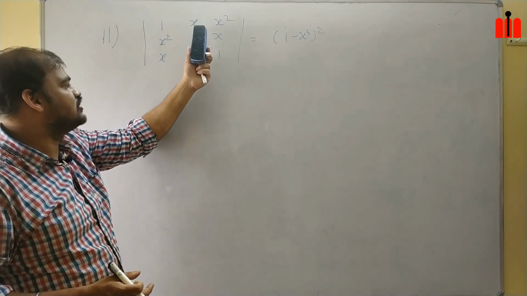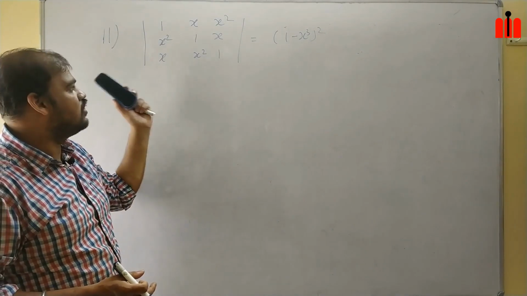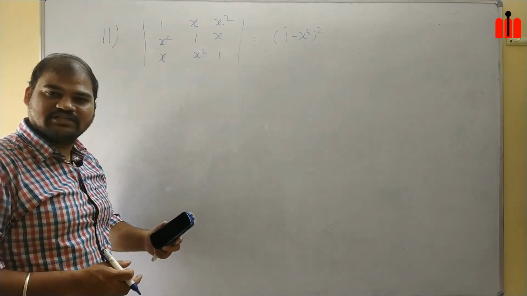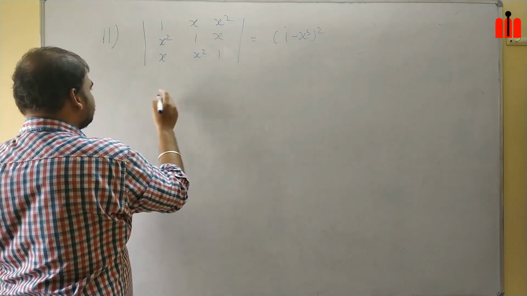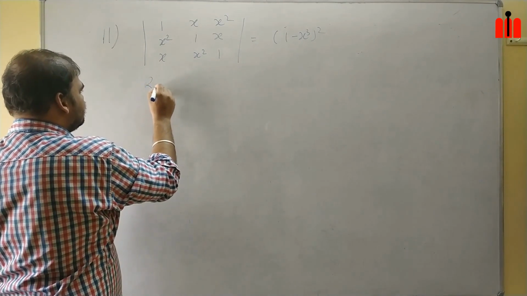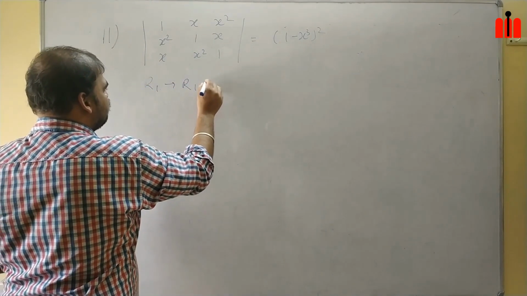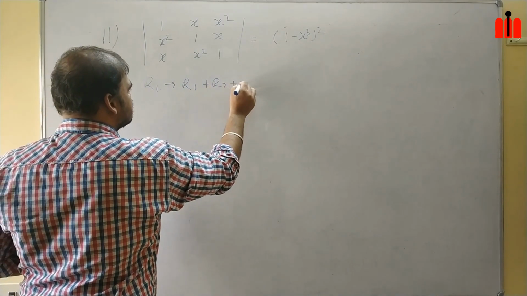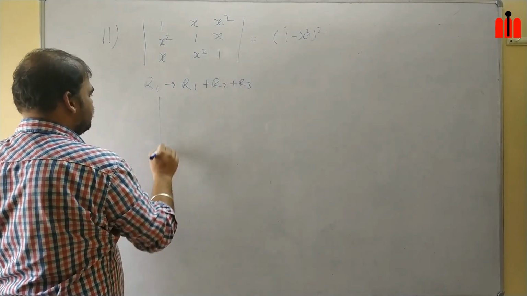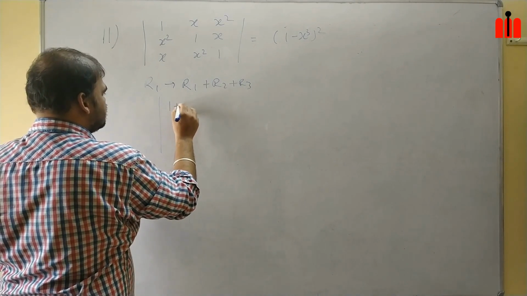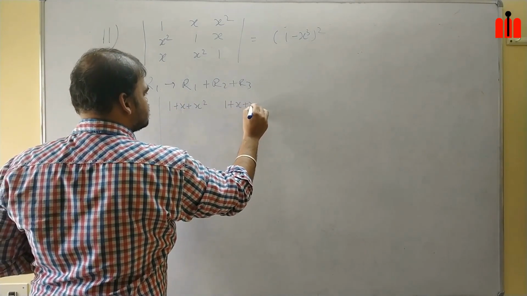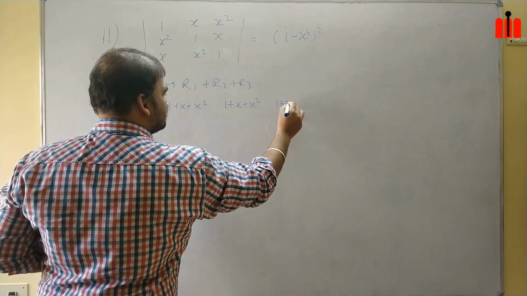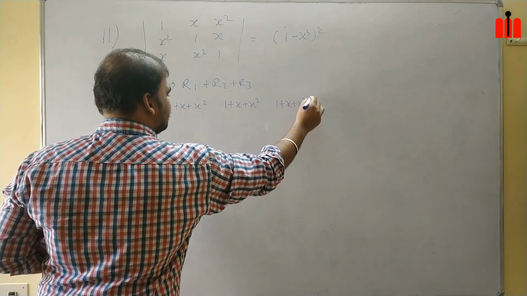By doing R1 tends to R1 plus R2 plus R3. Then all will become 1 plus x plus x square. Let's do that. R1 tends to R1 plus R2 plus R3. Then it will be 1 plus x plus x square, 1 plus x plus x square, 1 plus x plus x square.